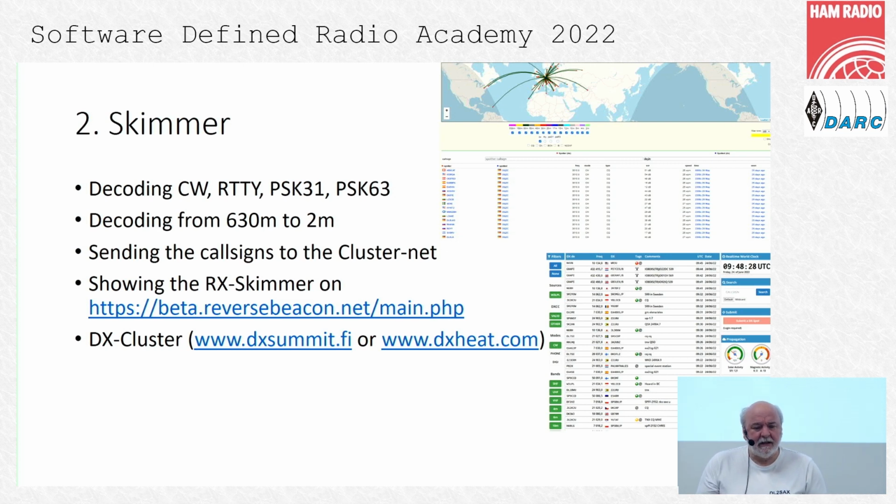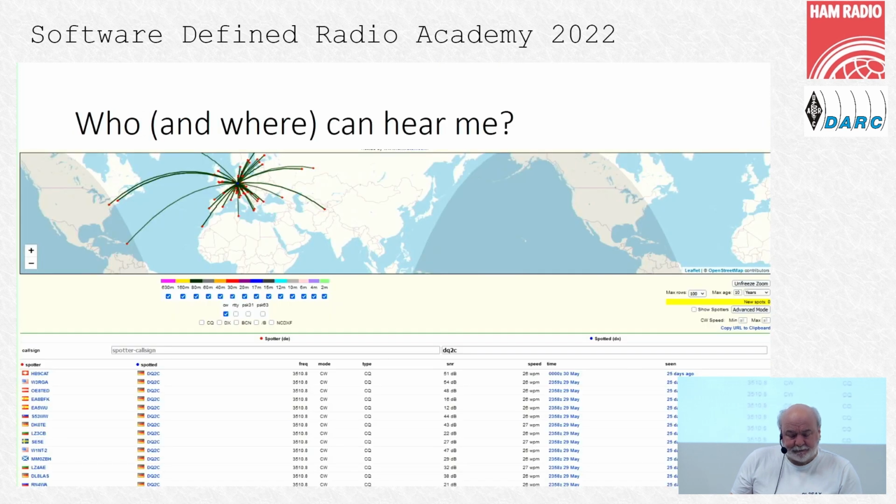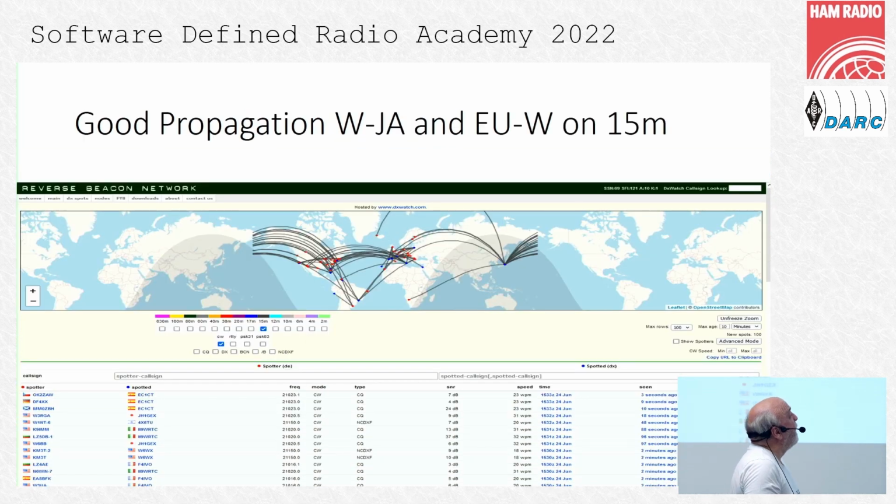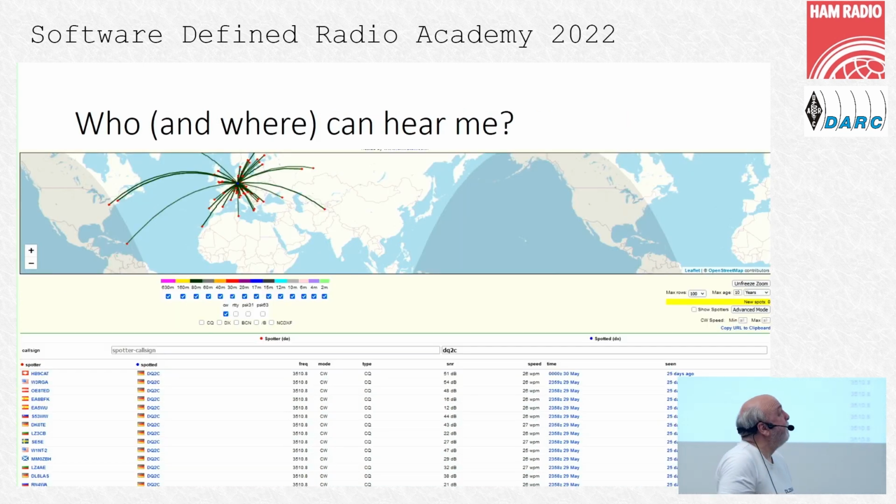And you see also the spots from the skimmer here, maybe in one of the DX clusters, DX Summit or DX Heat, for example. I will show you a closer look at the skimmer.